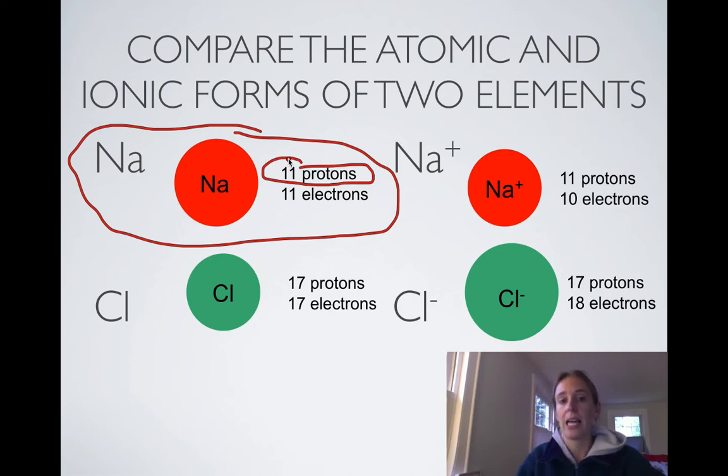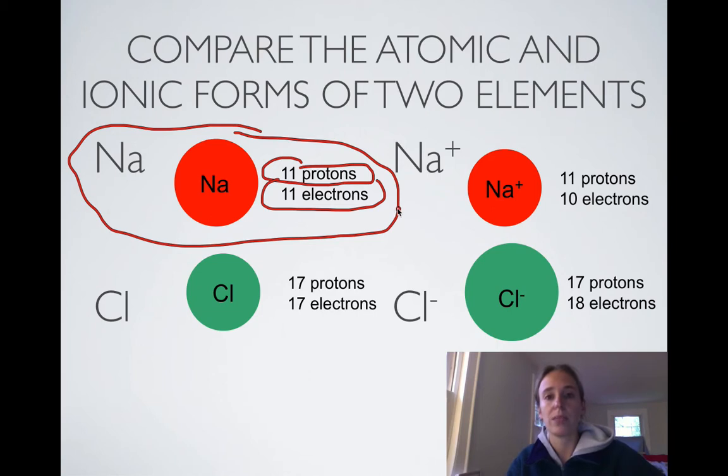If an atom of sodium were to not have 11 protons, it would no longer be sodium. And the number 11 we can find on the periodic table. 11 is sodium's atomic number, so that's how we know that sodium has 11 protons. When it's an atom, the number of protons and electrons are equal, and there's a neutral charge.